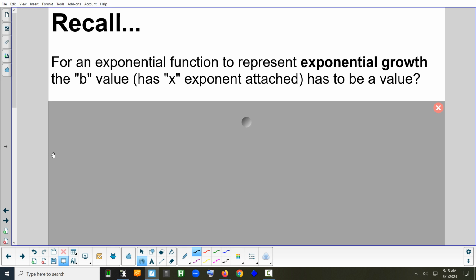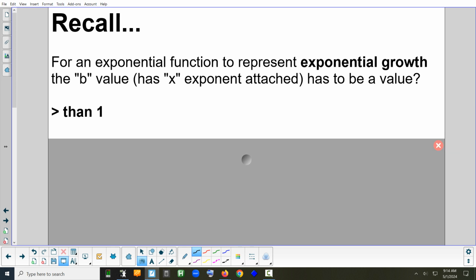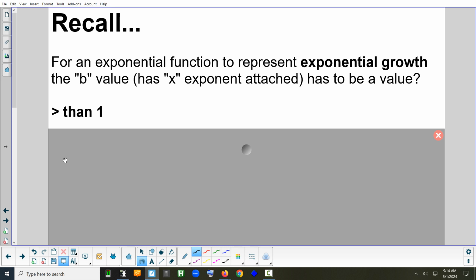So on the back, it says for an exponential function to represent exponential growth, the b value, that's the one that has the exponent attached to it, has to be a value greater than 1. Greater than 1. Okay, so you want to fill in greater than, actually the than is already written for you. You just have to fill in the greater and the 1.